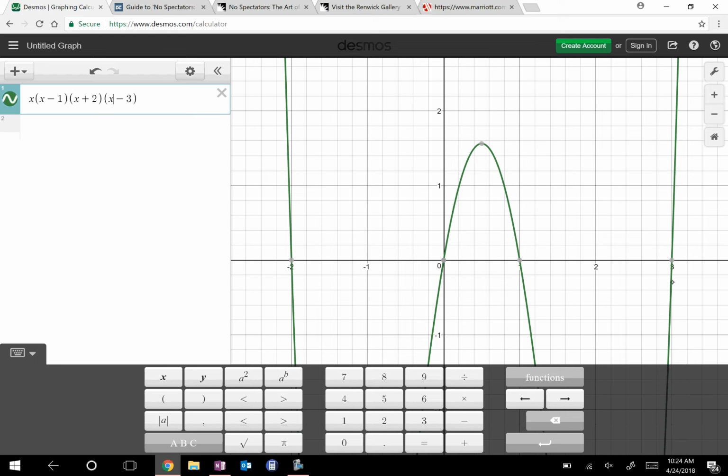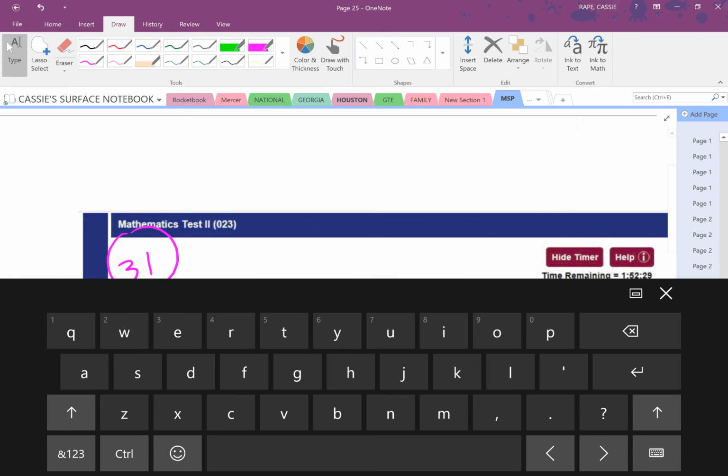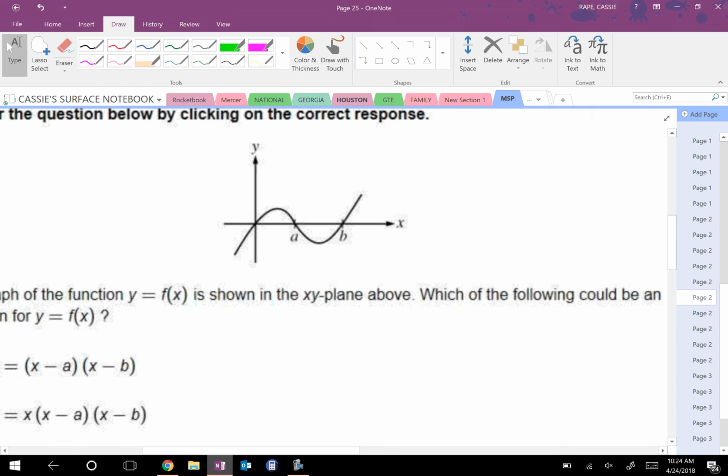So back to this question. If you look, and it's not a pretty graph, but if you look at this graph, it's crossing at positive a. So that's going to give you the factor x minus a. It's crossing at positive b. That will give you a factor of x minus b. It's also crossing at 0, which would be x minus 0, or x.